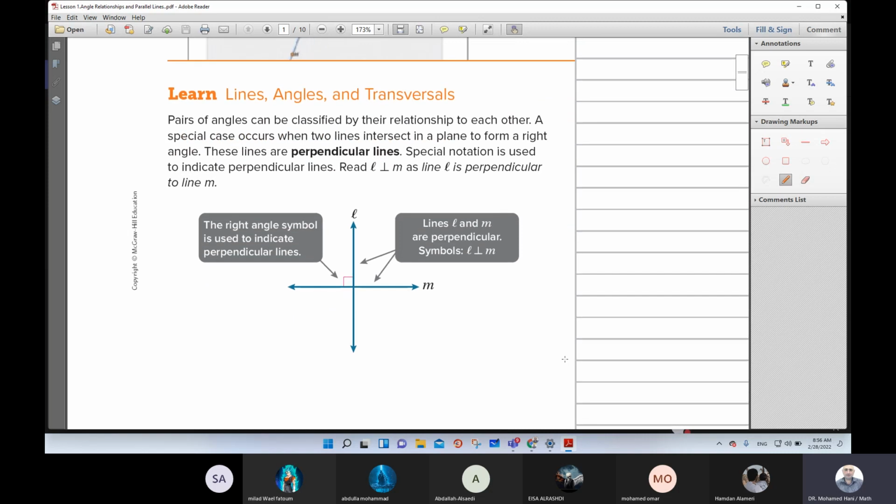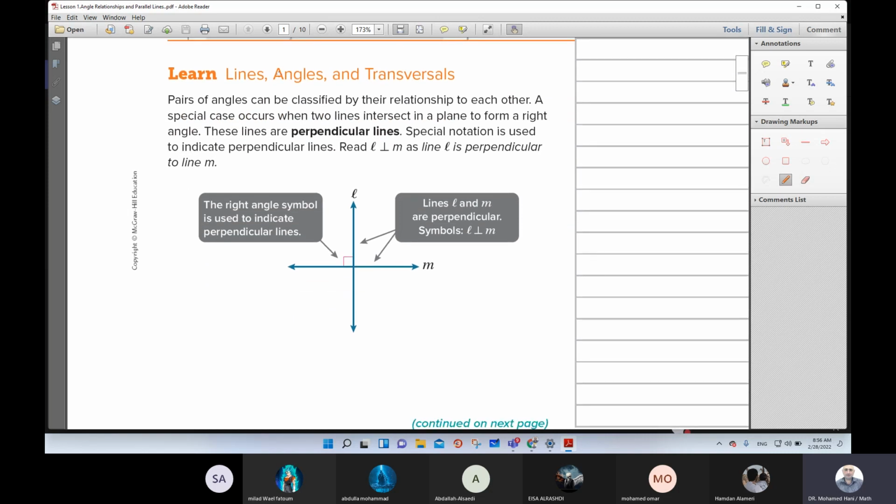So the first idea, we want to learn lines, angles, and transversals. A pair of angles can be classified by their relationship to each other.